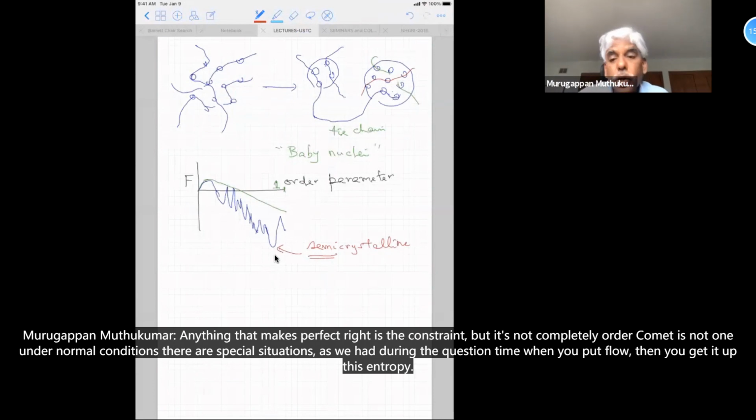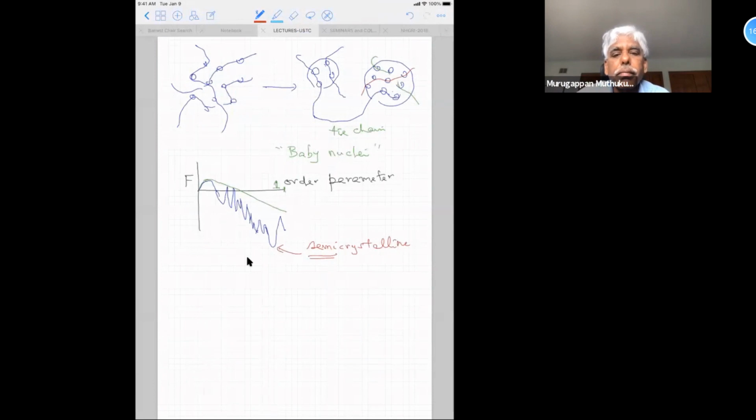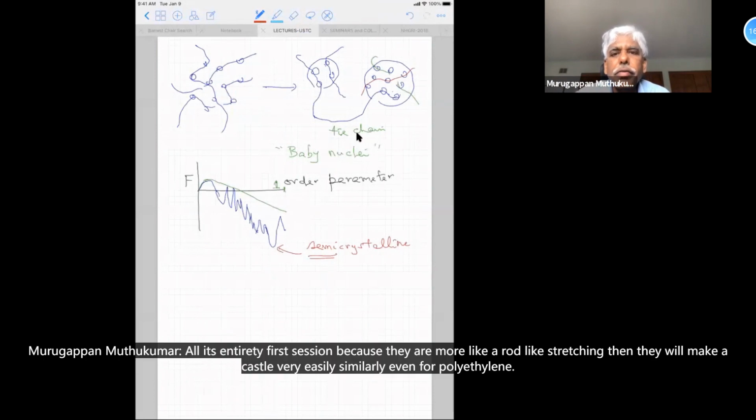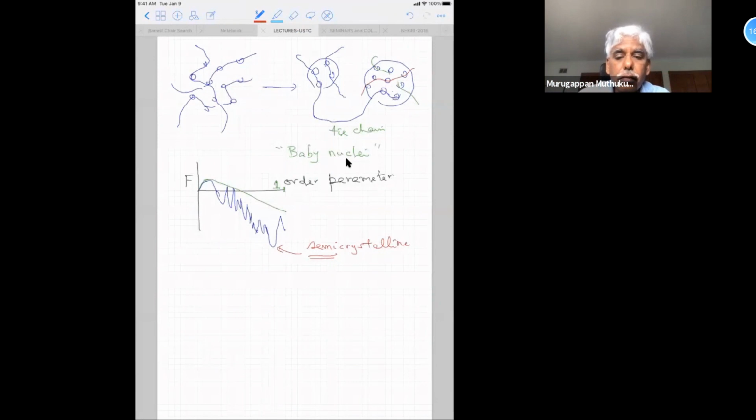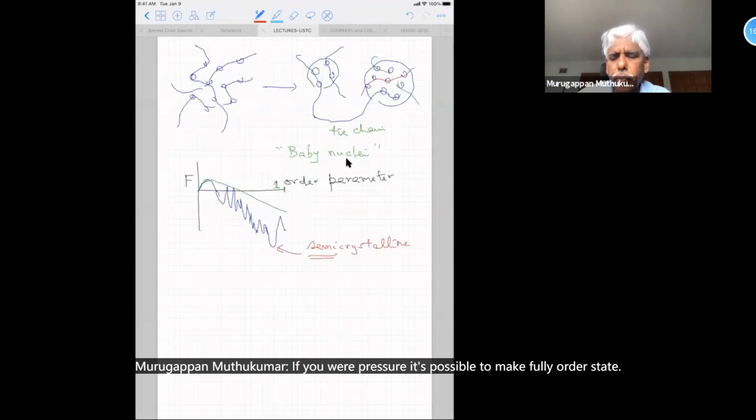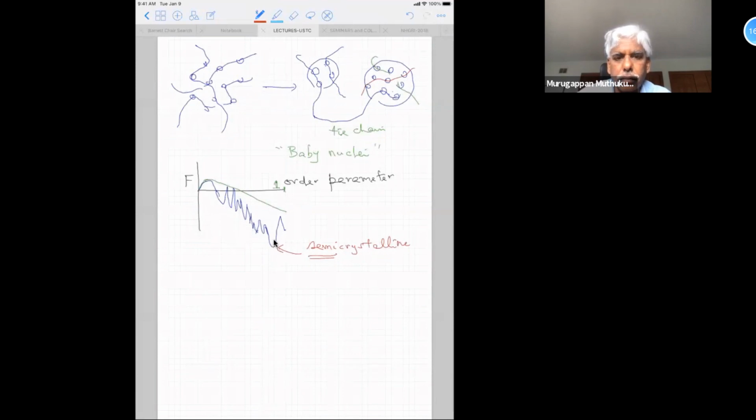There are special situations, as we had during the question time, when you put in flow, then you get rid of all this entropy frustration, because the chains are more rod-like, stretched. Then they will make a crystal very easily. Similarly, even for polyethylene, if you put pressure, it's possible to make a fully ordered state. But under ambient conditions, the entropy prevents the full ordering.